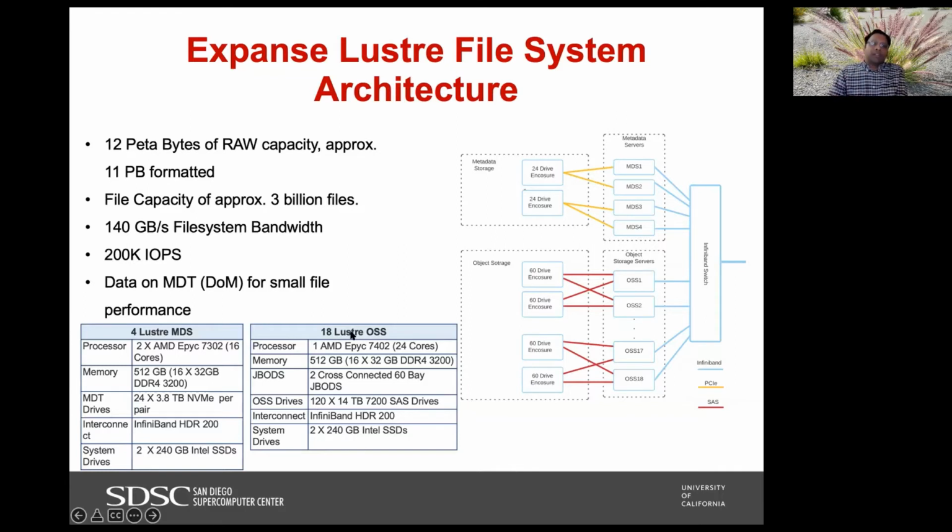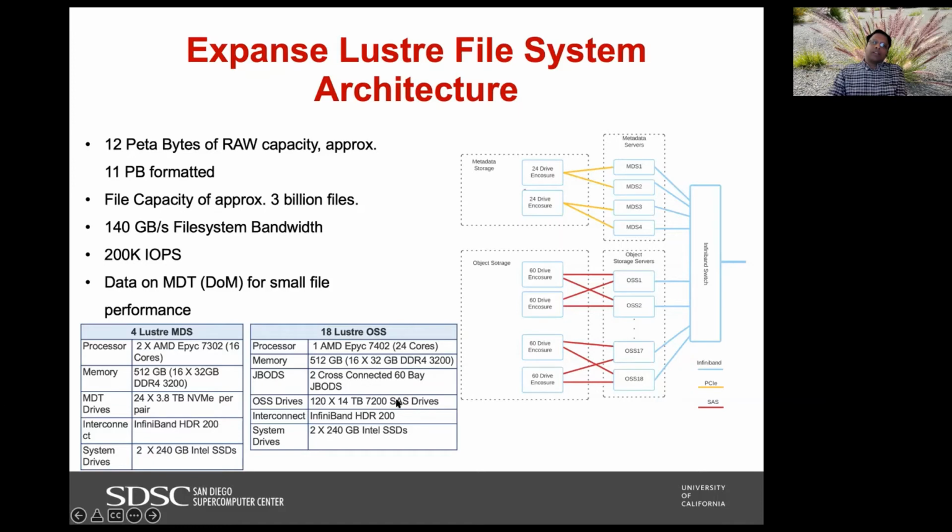We have 18 OSSs and 4 MDSs. Each server has 16 cores on the MDS and 24 cores on the OSS.